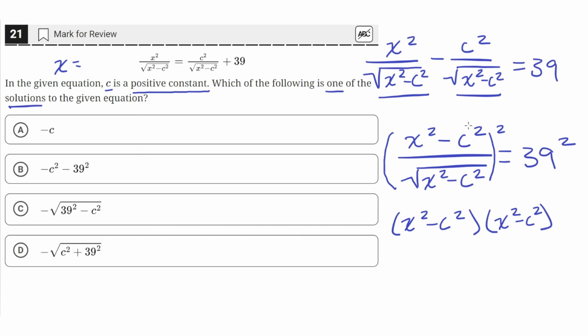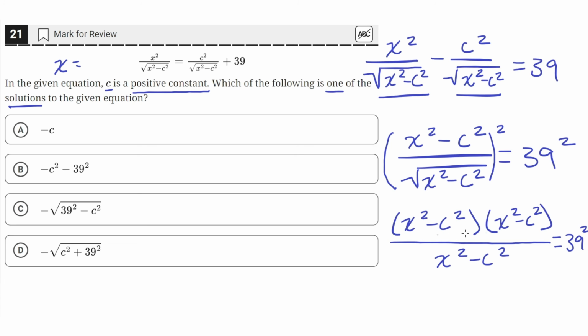You just multiply the term by itself, and that will be divided by just x squared minus c squared. Since squaring a square root cancels it out, we'll just be left with what's inside. Okay, so that gets rid of the square root. And then this will all still be equal to 39 squared.